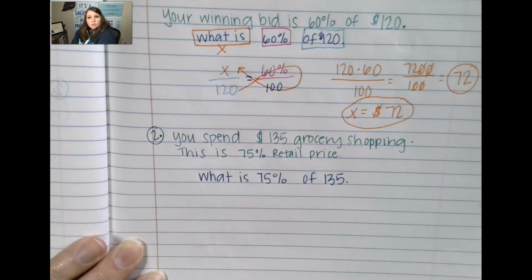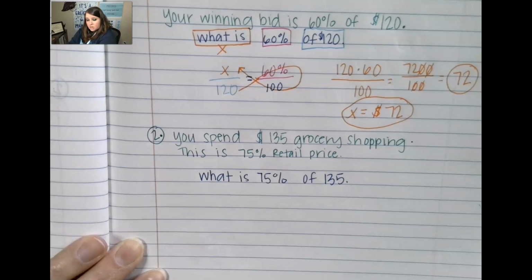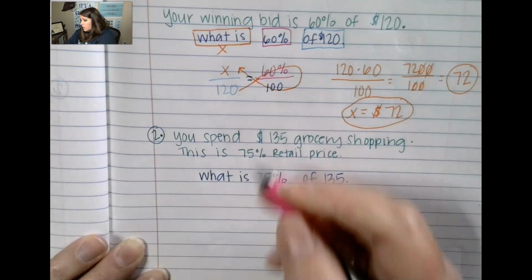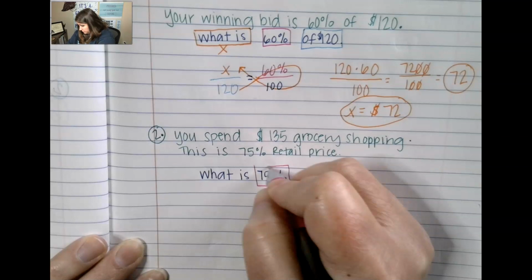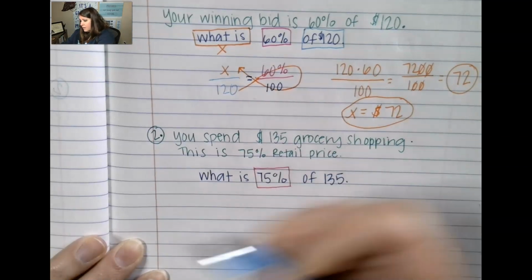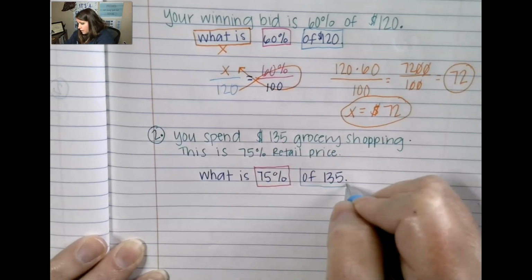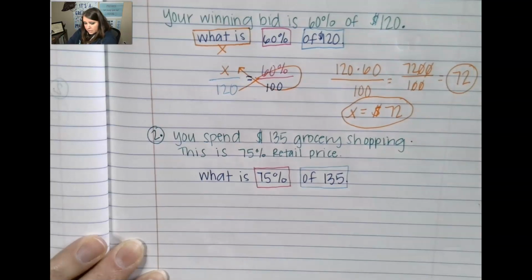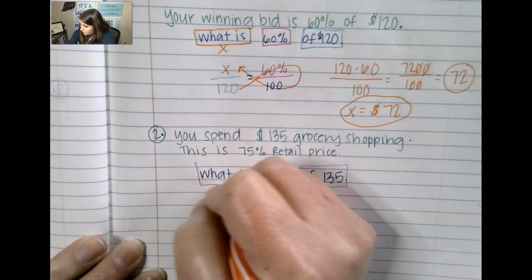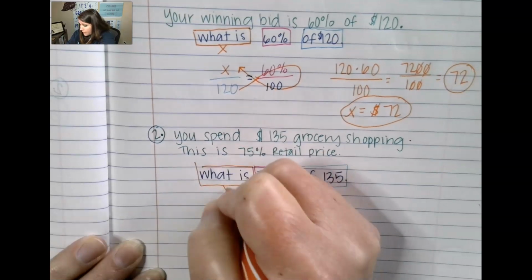So we're going to figure this out by solving for the percent proportion again. We're going to box this up, 75% of $135, and we're looking at the what is. Again, we're solving for what is.